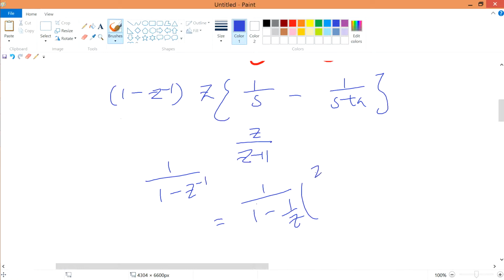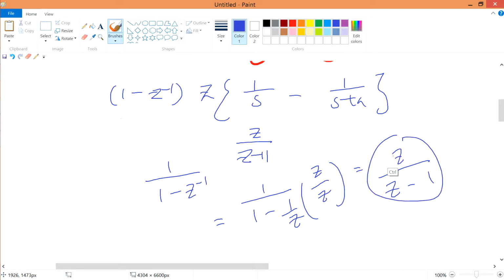I can rearrange by multiplying z over z, which is equal to 1. So I'm rearranging this part into here, and I rearrange again by multiplying z over z, which is equal to 1. I'll have z times 1 is equal to z minus z times 1 over z is equal to 1. Ta-da! So in fact, it's different from this one.